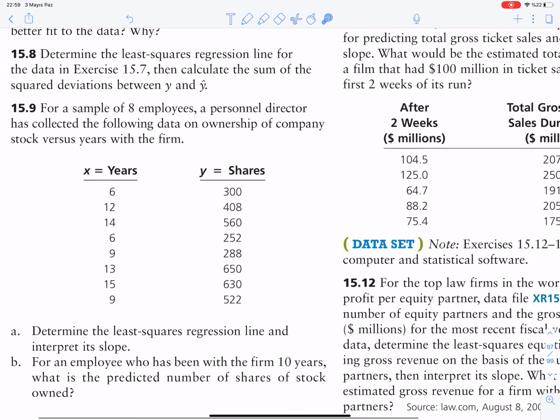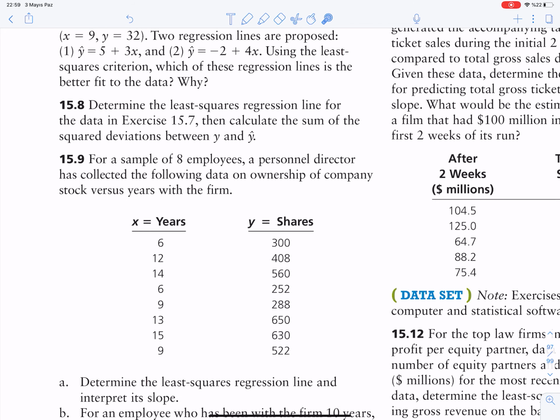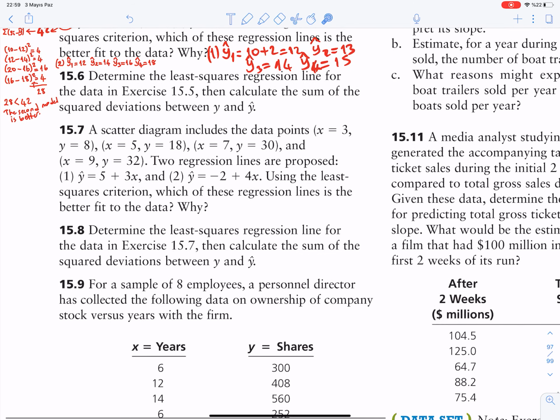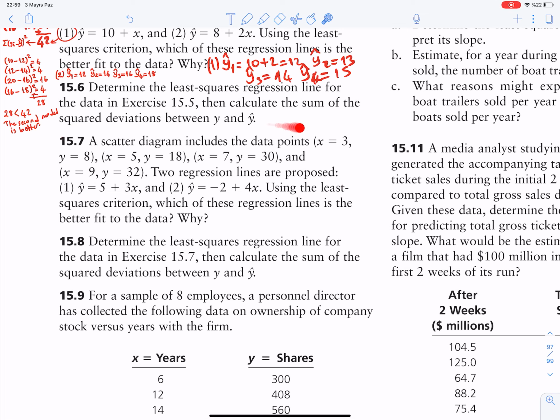Okay, let's move on quickly to the next question. I guess you can easily try to solve this question of which model is better.